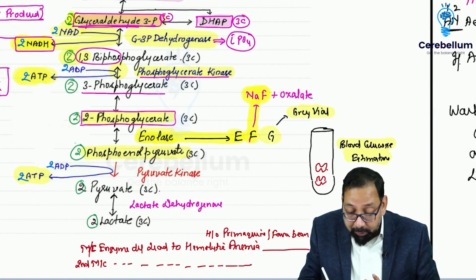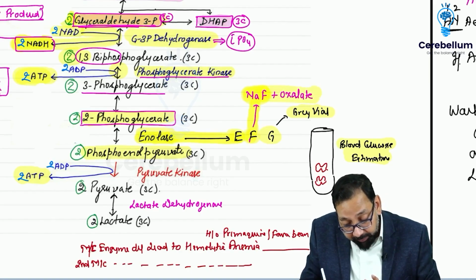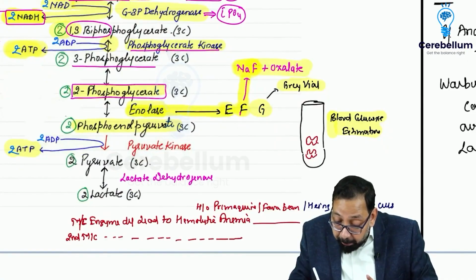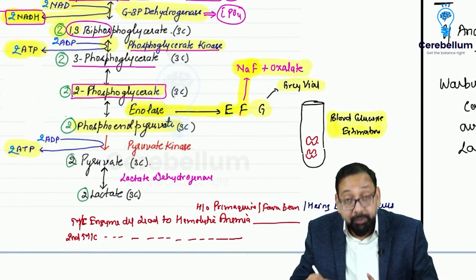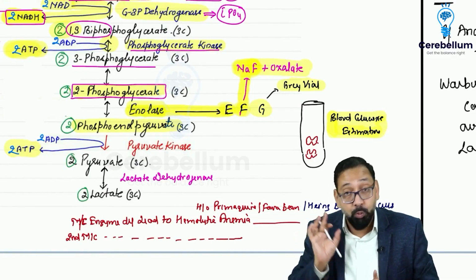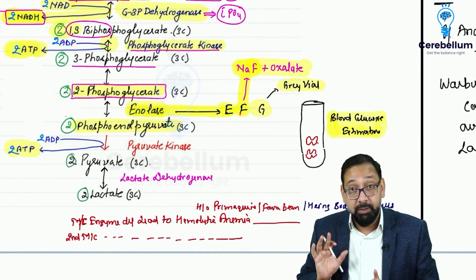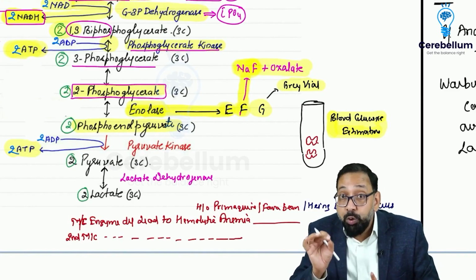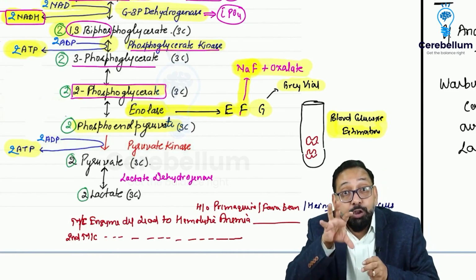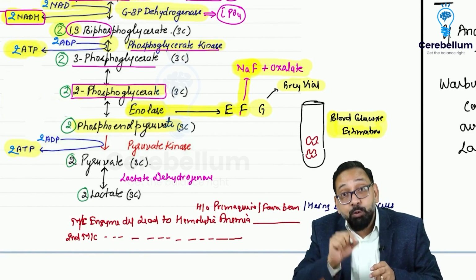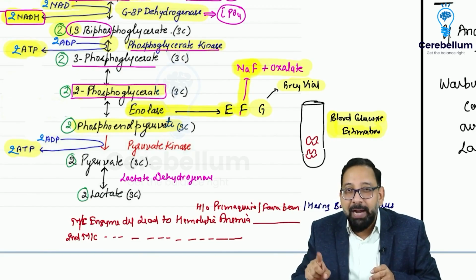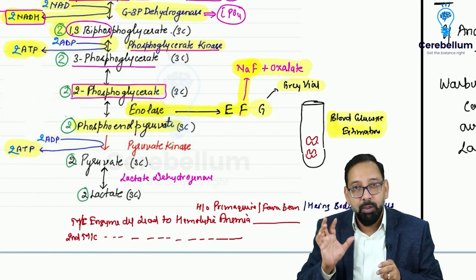In this vial, sodium fluoride and oxalate are there. What is the function? If you are estimating blood glucose, in this blood, RBC is there, and RBC utilizes glucose by glycolysis. If you don't add sodium fluoride, then RBC will utilize this glucose. If you add sodium fluoride, RBC will not be able to do glycolysis and you will find the correct value.